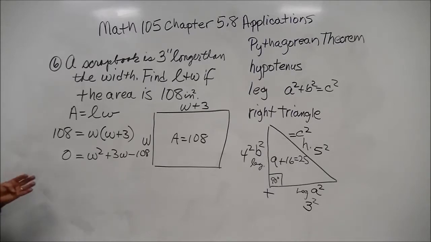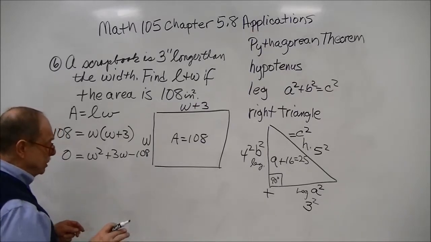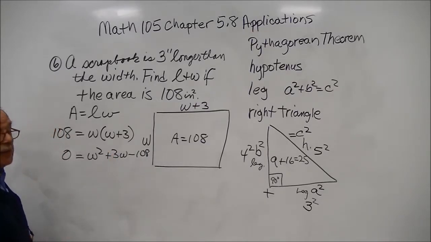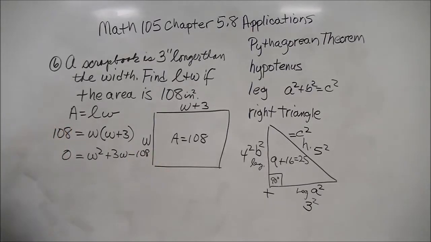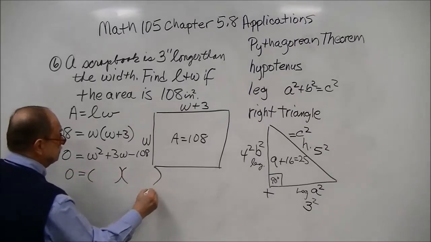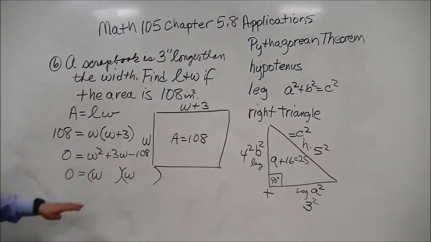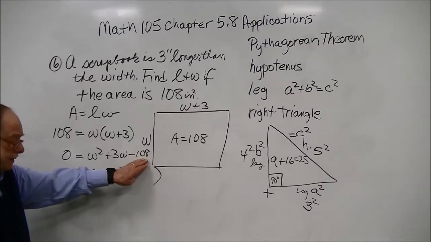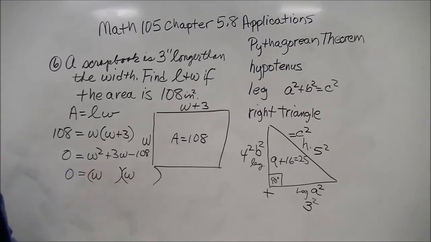Now again, if I were doing this for the first time, I'd have to spend a little more time thinking about it, but I've done the thinking already. As I showed you earlier, I've done these. So now we have to factor. And now we're looking for factors of 108 that have a difference of 3.